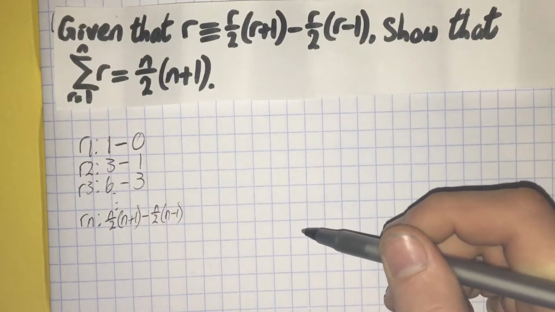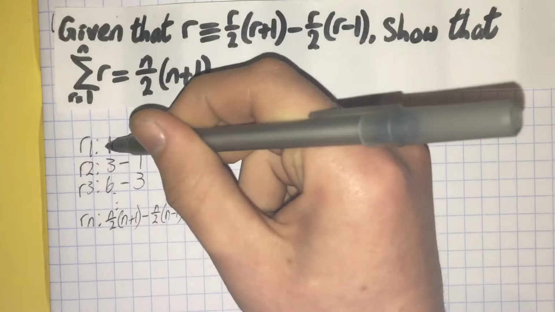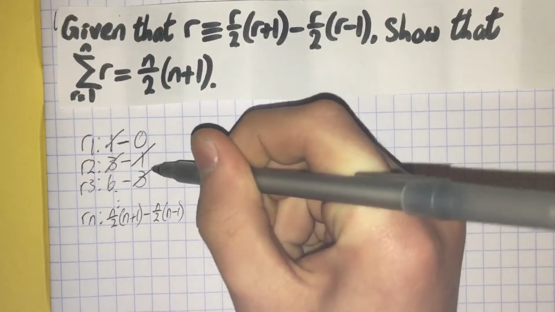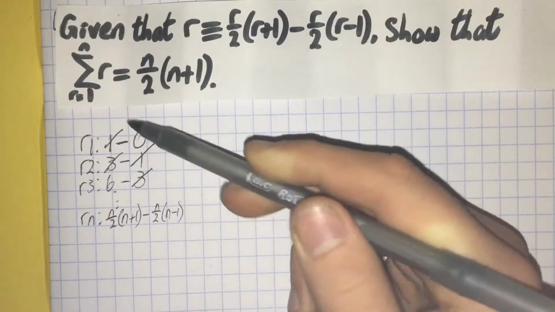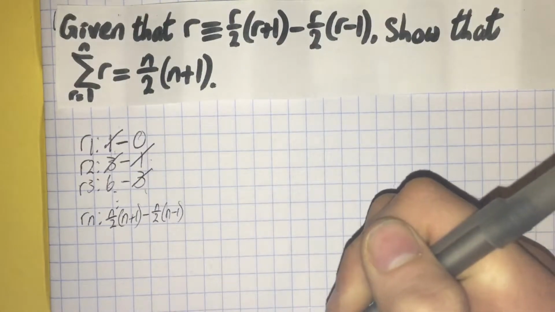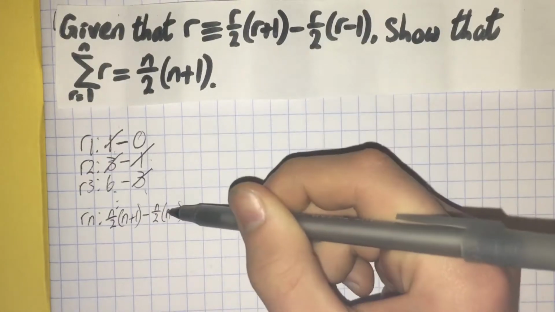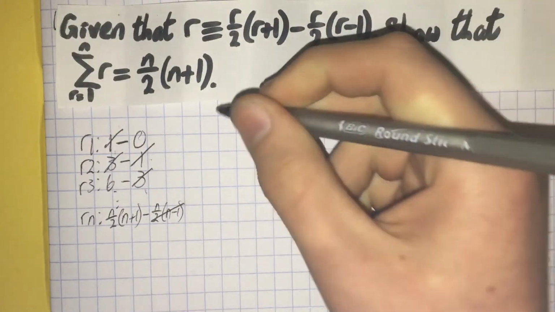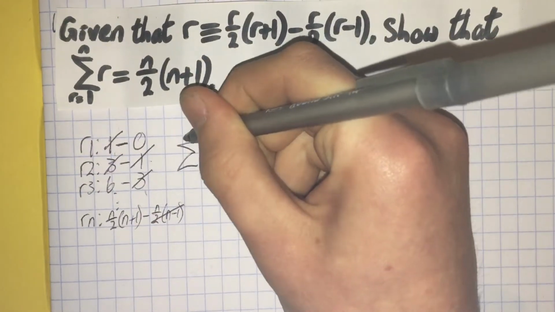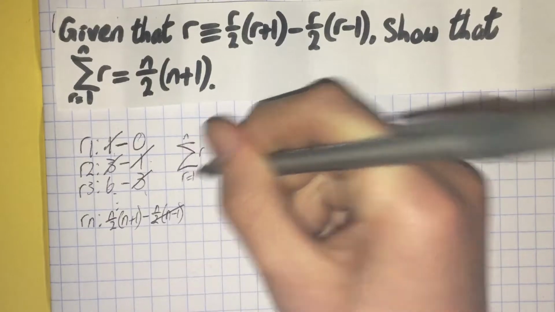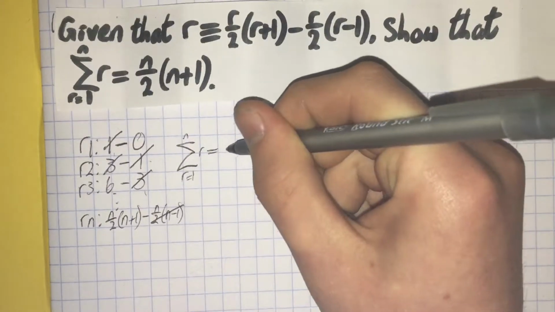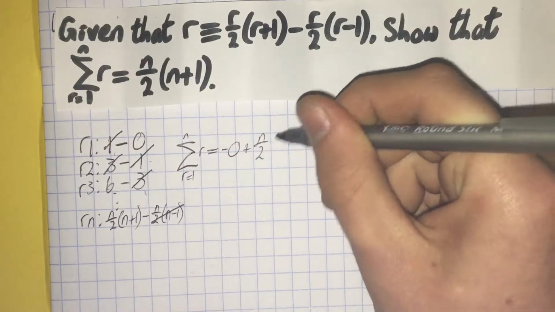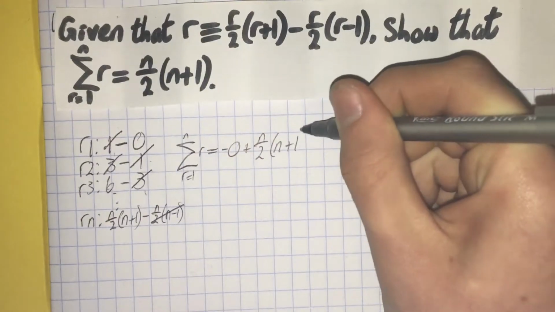And as you can see, terms do cancel off. 1 there cancels off with the minus 1 there. 3 there cancels off with the minus 3 there. And as you can see, there's this pattern emerging, which means that we know that this will cancel off with something on the upper levels, which means we can represent the summation going up to n of r, starting with r equals 1, is equal to minus 0 plus n over 2 times (n+1).